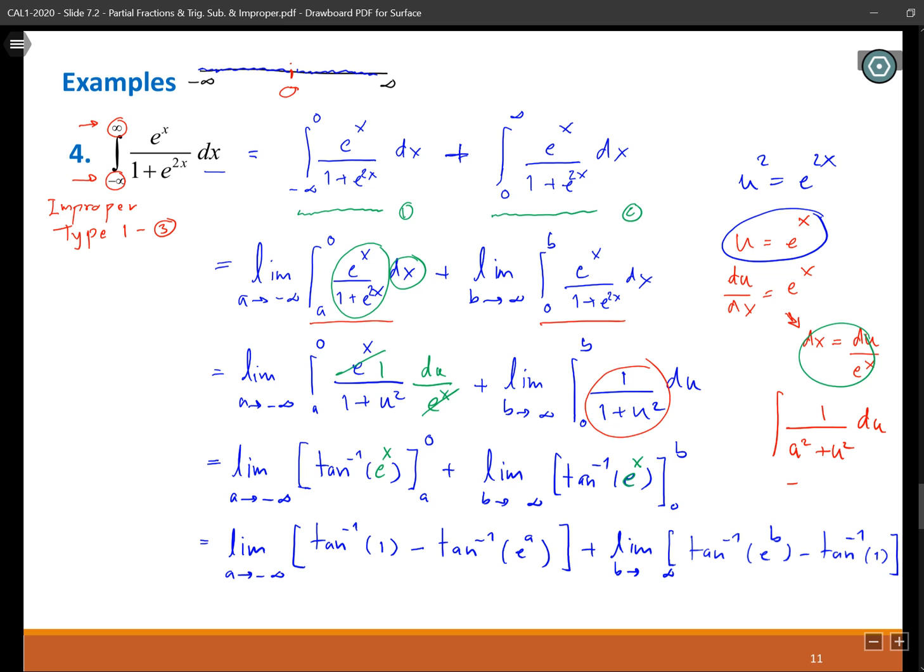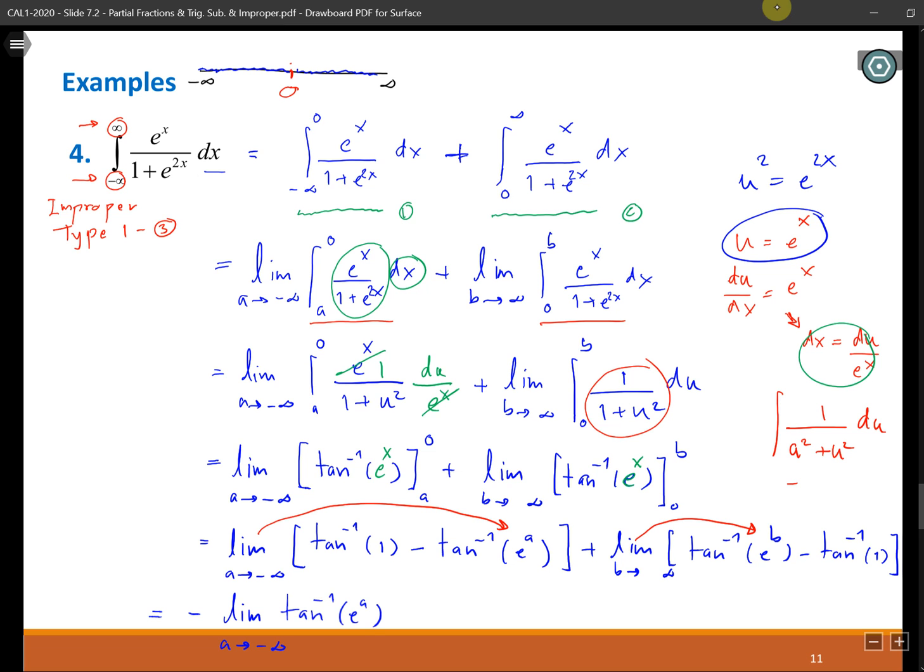So all we need to do is to distribute this limit to the one with the a right here, and this to the one with the b. So let's put everything together. So we have this limit of a approaches minus infinity. Well, here I'm going to put minus in front. And that's going to be arctan of e to the power of a.